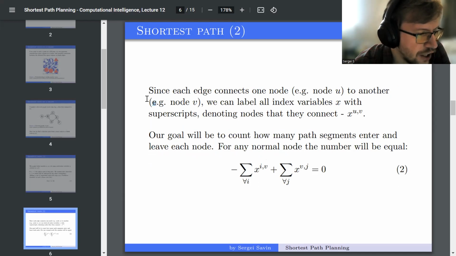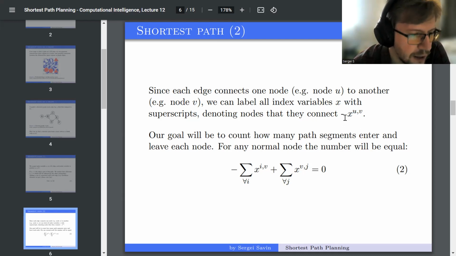Since each edge connects one node, for example node u, to another node, for example node v, we can denote each of those variables with a superscript. So x^{uv} just means the x that connects u to v.